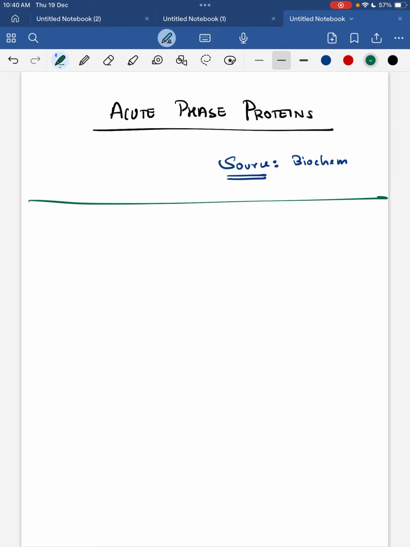Acute phase proteins are nothing but the proteins present in the blood which will increase during any inflammatory or neoplastic condition.